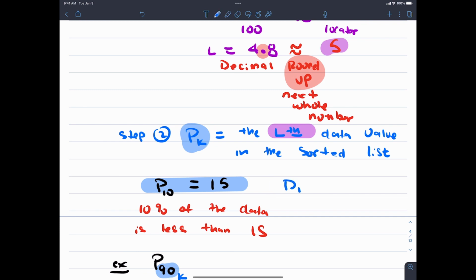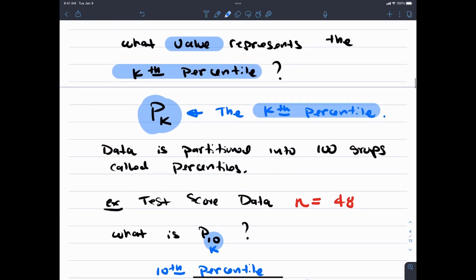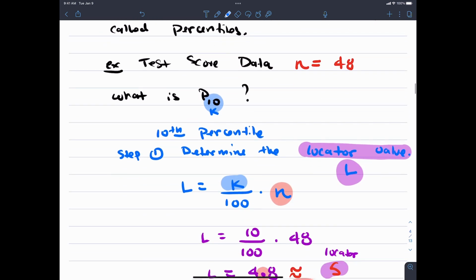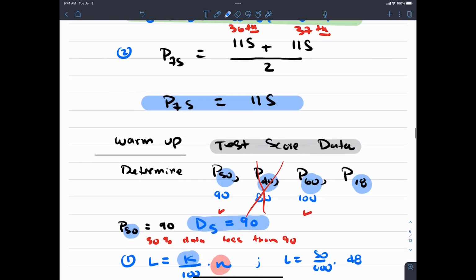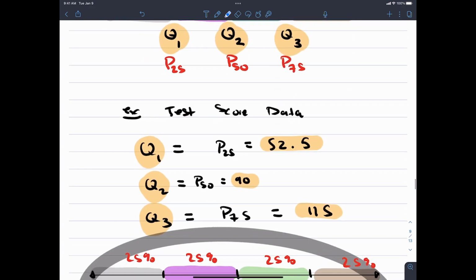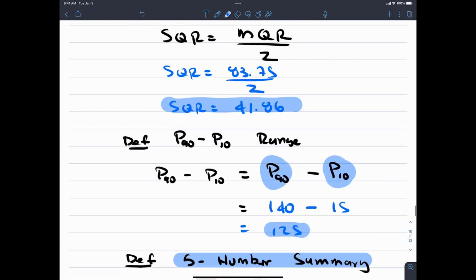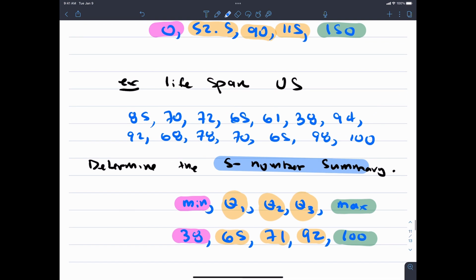D1 by definition is P10, so D1 is what? 15. So we got the first decile is 15 here. This is for the test score data. So ladies and gentlemen, I was sneaking in yesterday, really asking you very specific questions about percentiles because I knew today I'll give you the definition of deciles and what? And quartiles. Okay, so I snuck it in like vegetables. If you have kids, sometimes you know you have to do some what? Some sneaking in of the vegetables.